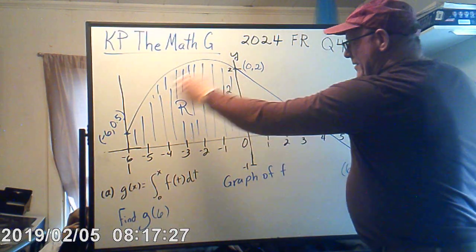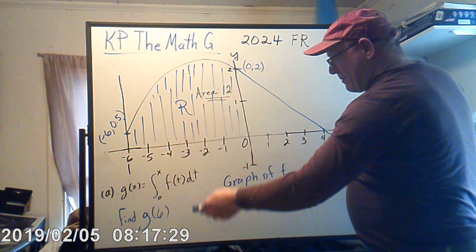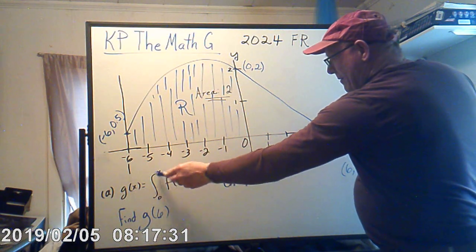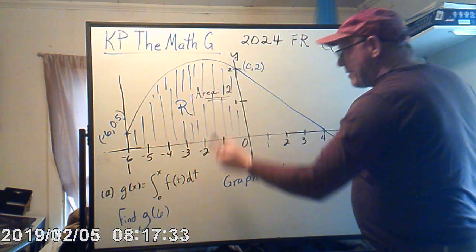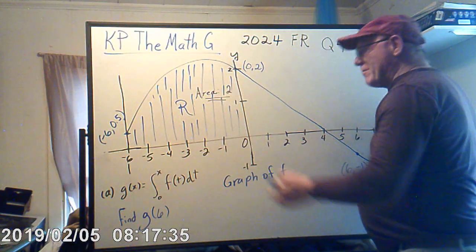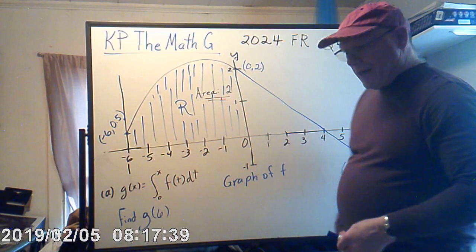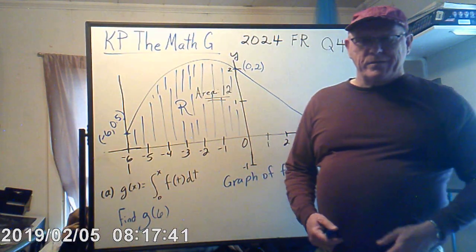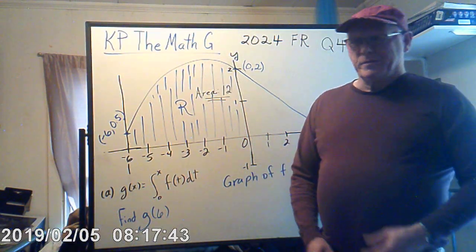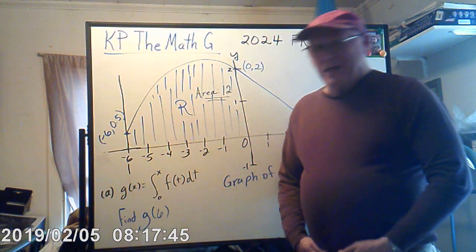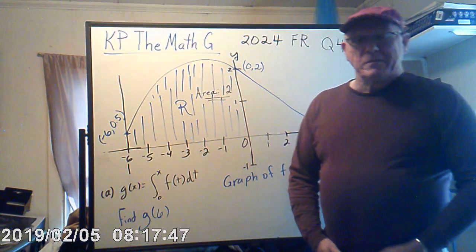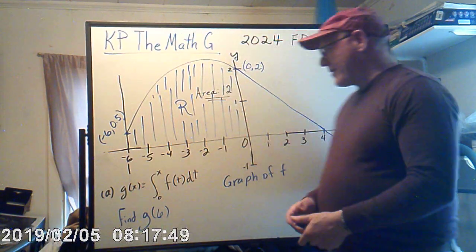And this region is already 12, so remember when we went from 0 to -6 and switched it around, it became -12. So they wanted to test your ability to understand, what are the rules of integration? There are certain principles and rules that we need to abide by. Do you still remember them? And so, yes, that's what you do.